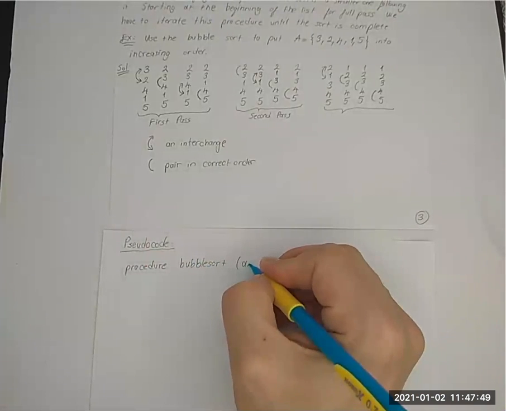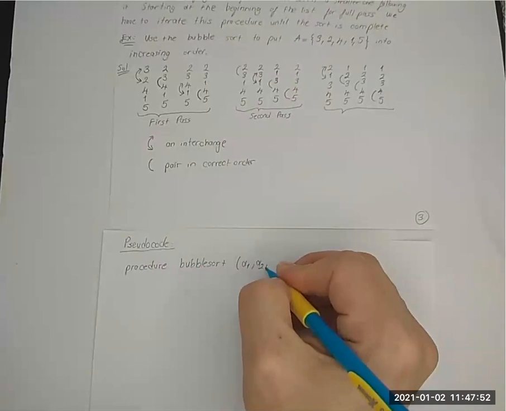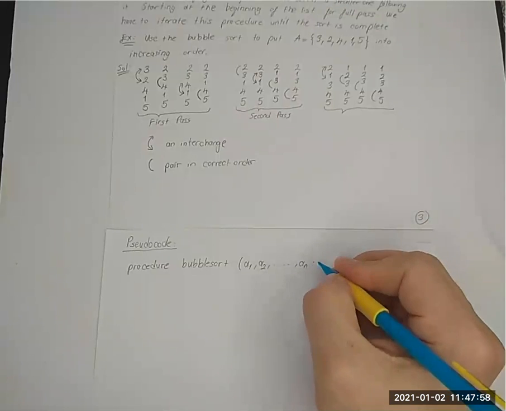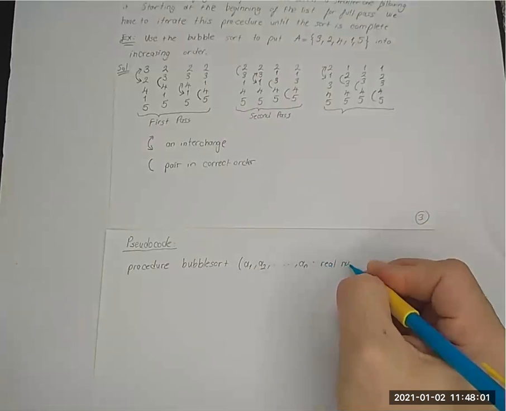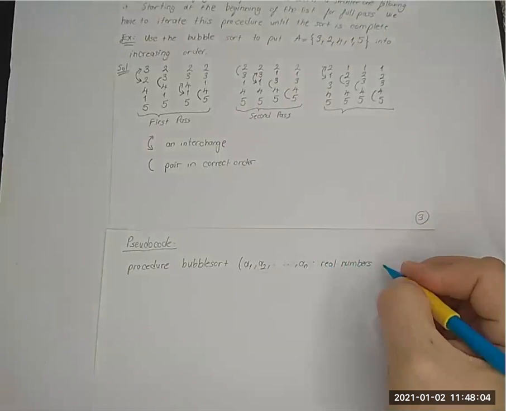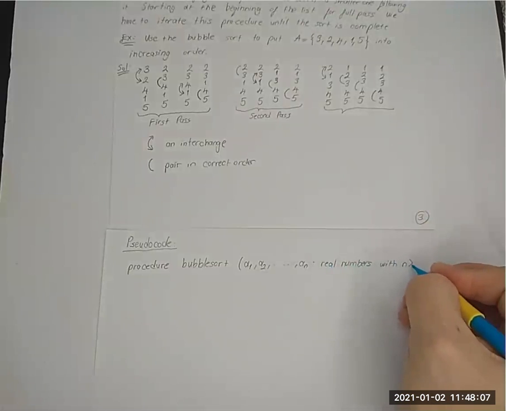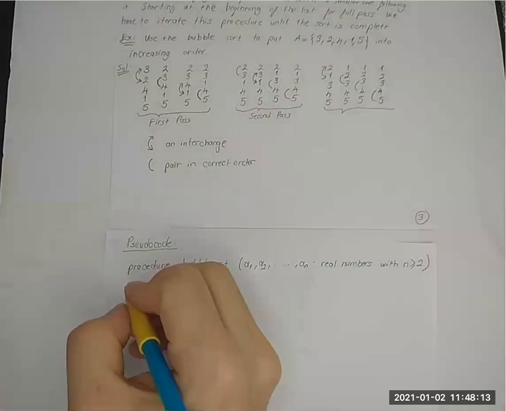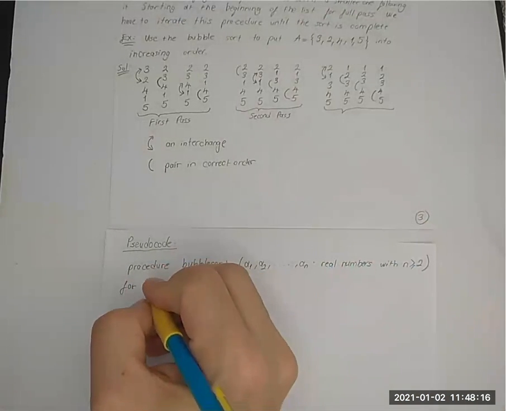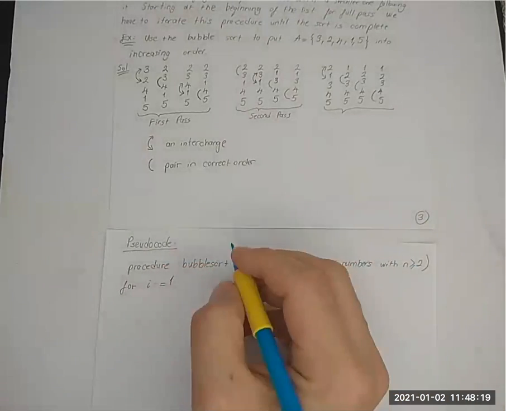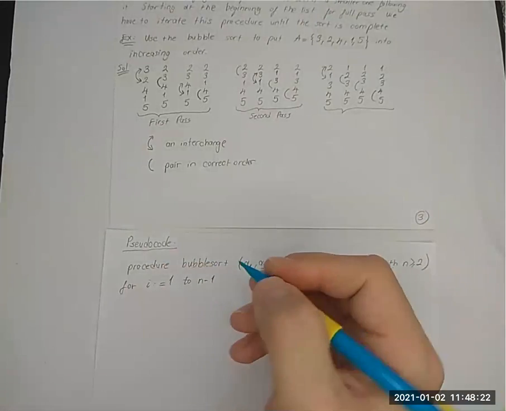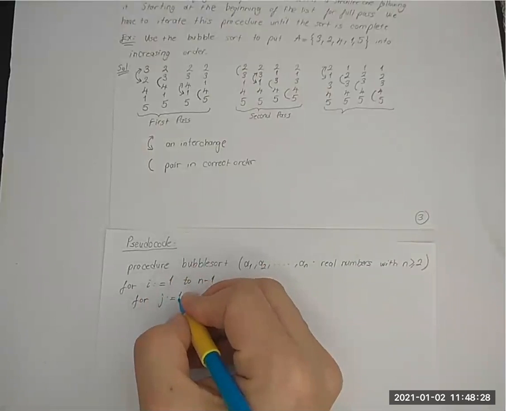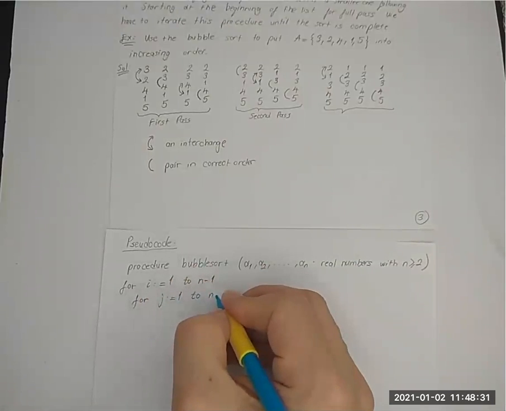And we have A1, A2, and so on to An. Of course, this is a finite sequence. There are real numbers with n less than 2. And for i equals 1 to n minus 1, and there is again a second for, j equals 1 to n minus i.